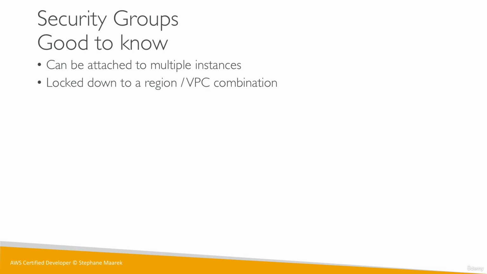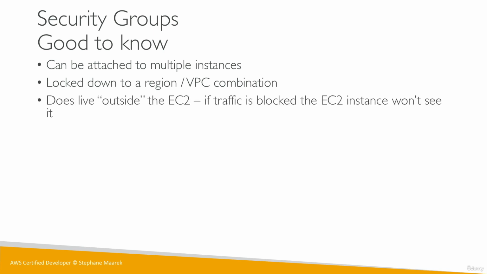Now, good to know. What do you need to know with security groups? They can be attached to multiple instances. There's not a one-to-one relationship between security group and instances, and actually an instance can have multiple security groups too. Security groups are locked down to a region/VPC combination. So if you switch to another region, you have to create a new security group, or if you create another VPC, and we'll see what VPCs are in a later lecture, you have to recreate the security groups.